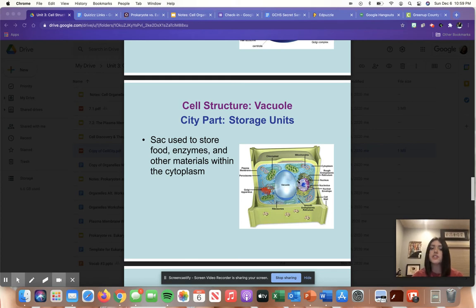Well, the vacuole is used to store food, enzymes, and other materials within the cytoplasm. So, in relation to a city, those would be the storage units, right? Those would be those big units that you go rent out to put your extra stuff in that you need to store, maybe seasonal, you put your Christmas decorations in there or whatever it may be. So the vacuole acts as a storage unit within the city.